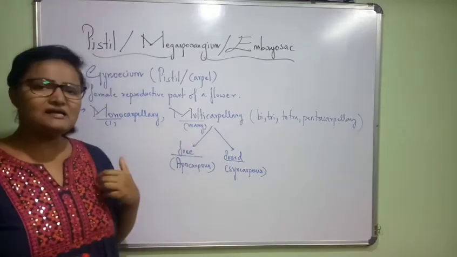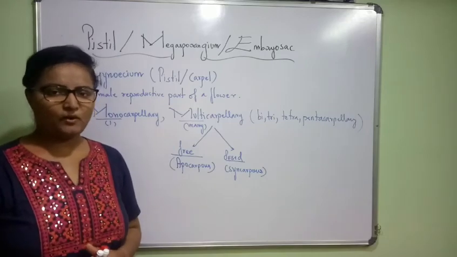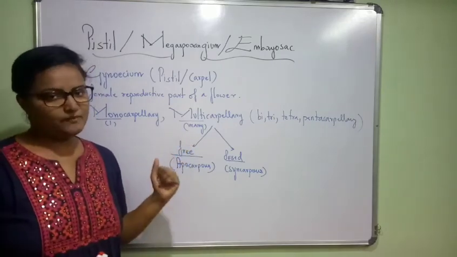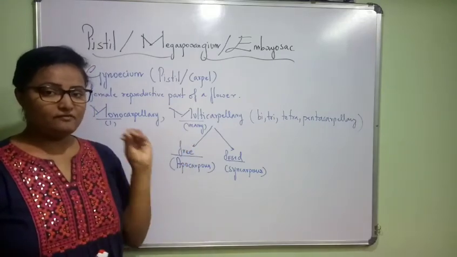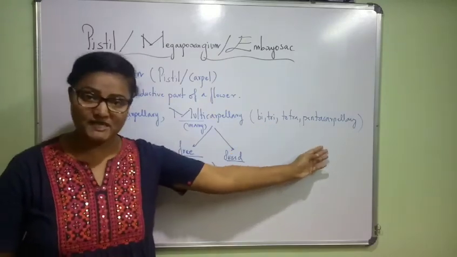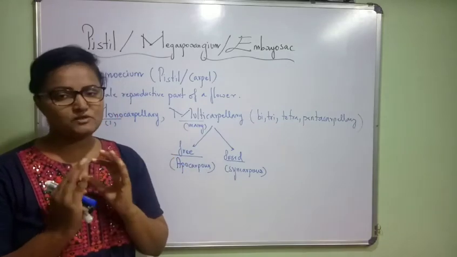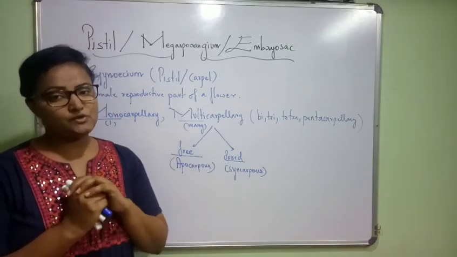In a single carpel we can't see that fusion or free arrangement. Wherever there is multicarpellary, with 2, 3, 4 or 5 carpels, sometimes all the carpels may be free, or sometimes they may be fused also.